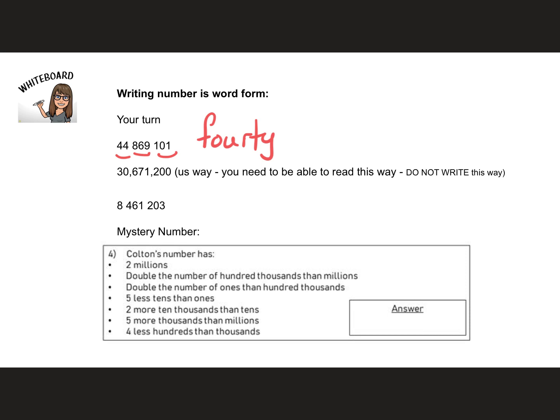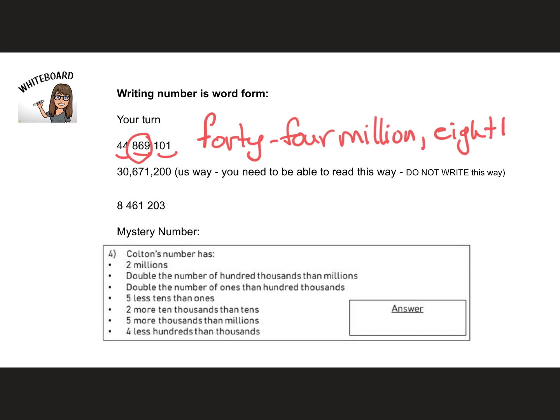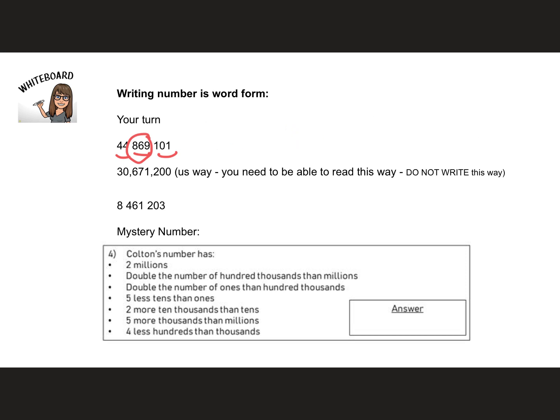Oops, that's not right. 44, that is a 2-digit word, so 44 million, comma, 869 together, so 800, oh gosh, I did not leave myself enough room. Okay, writing far too big there, so let's rewrite that here.